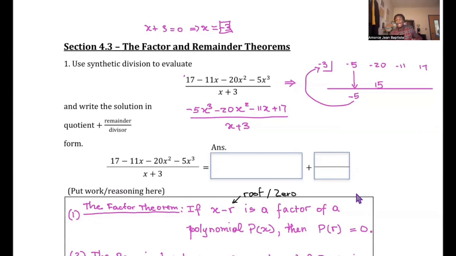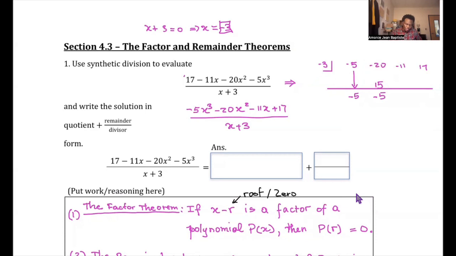Then we add them, combining them to get the result that goes underneath the line. So -20 plus 15 is -5.